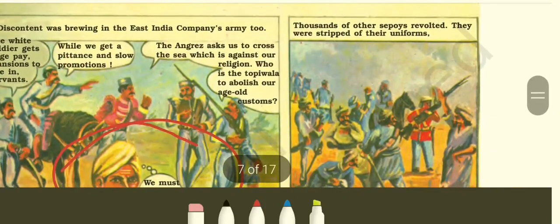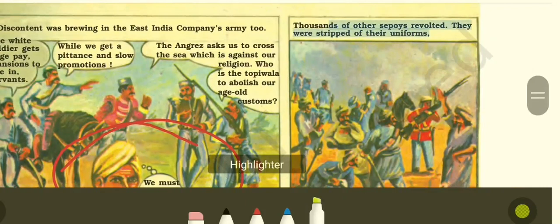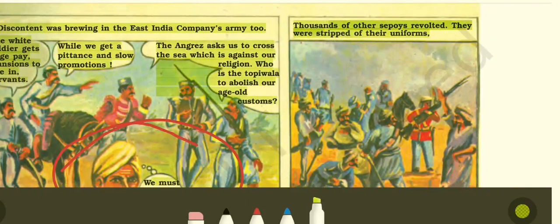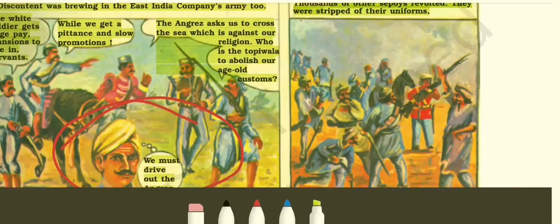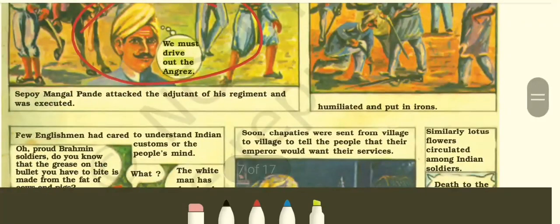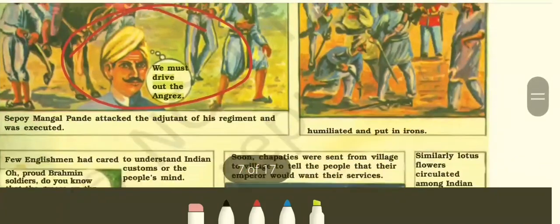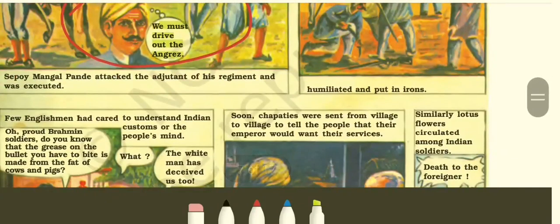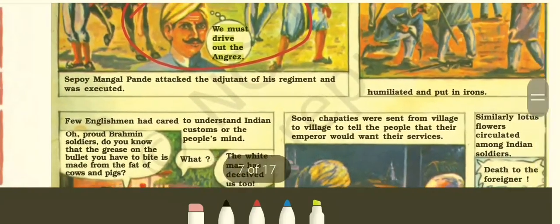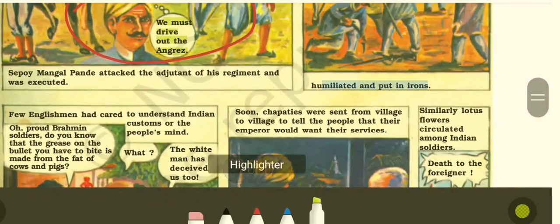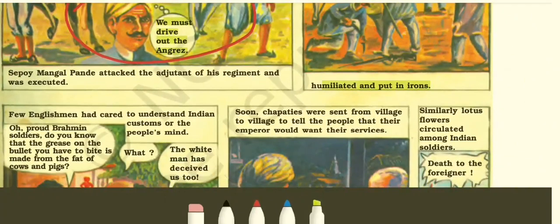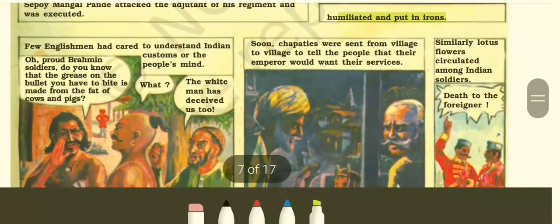They were stripped of their uniform, so they were no longer allowed to continue with their service. But this was evident, isn't it? Discontent was growing. They were not only stripped of their uniform, they were humiliated, insulted, and put in irons. So they were also punished for supporting Mangal Pandey. But enough is enough. It was the end of the limit, isn't it?